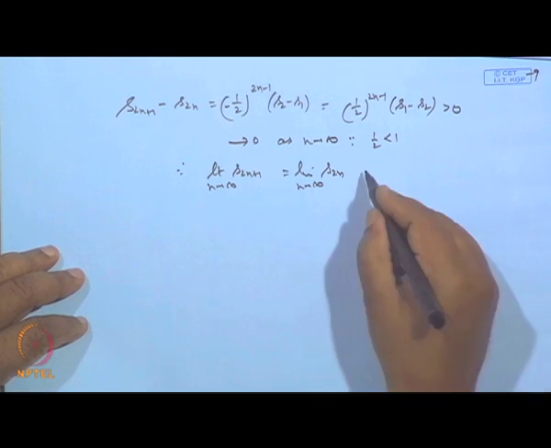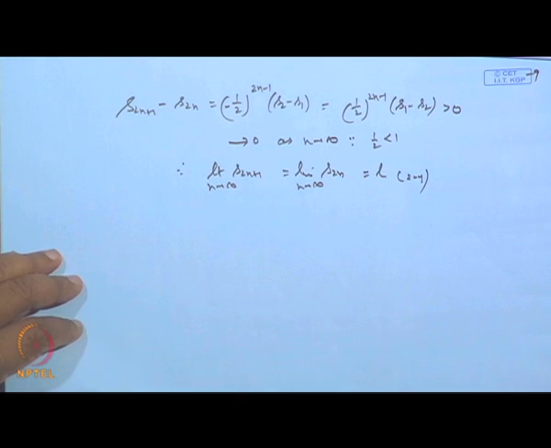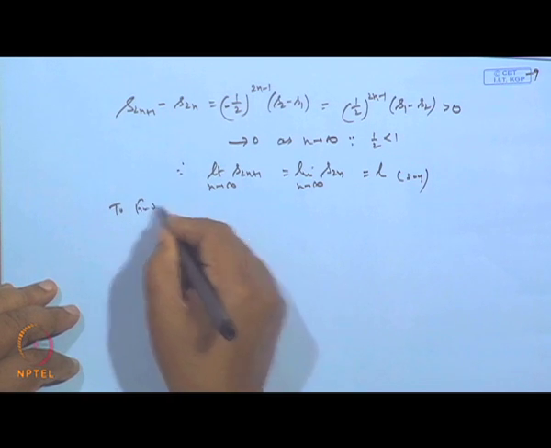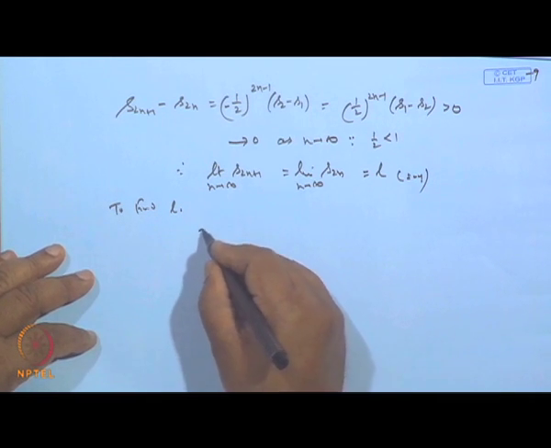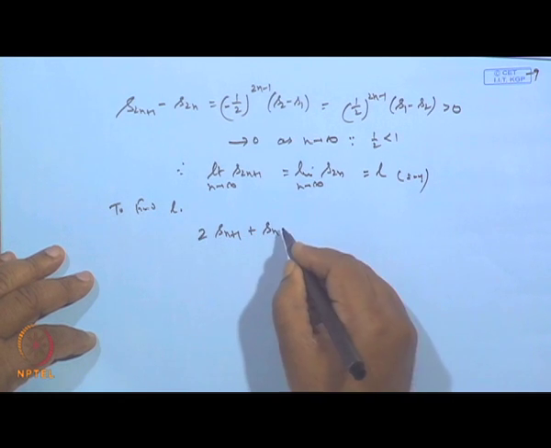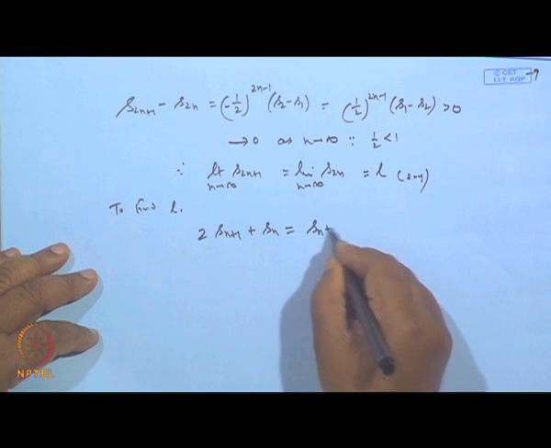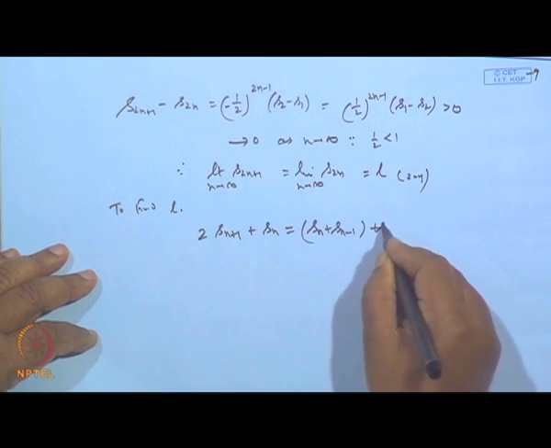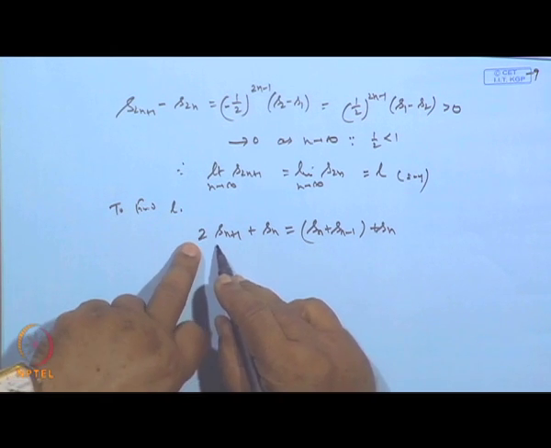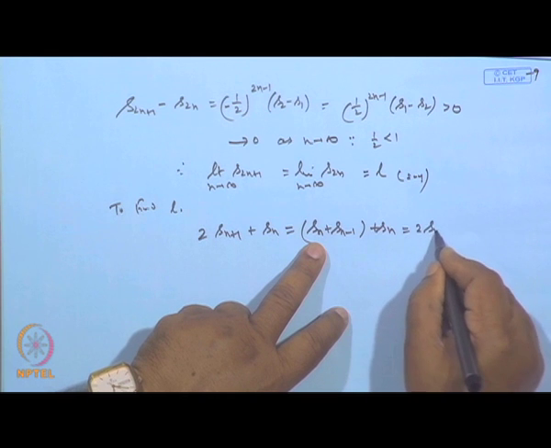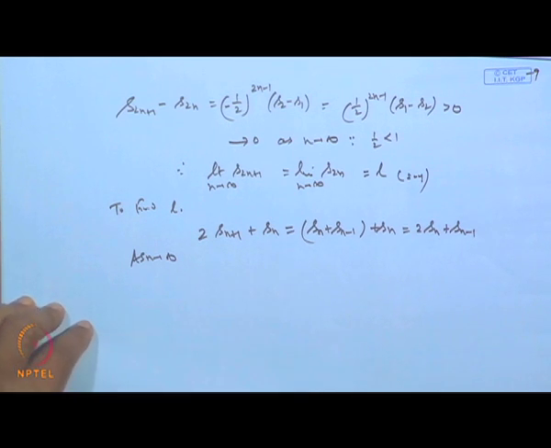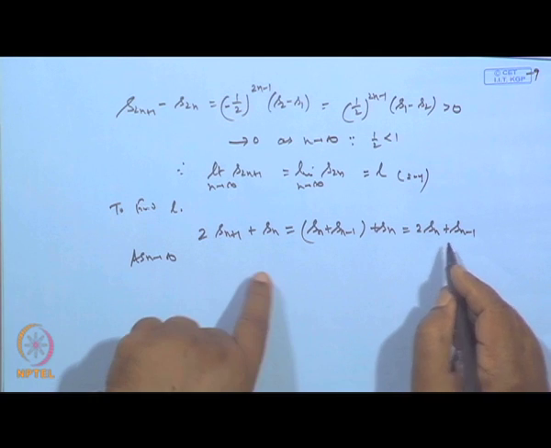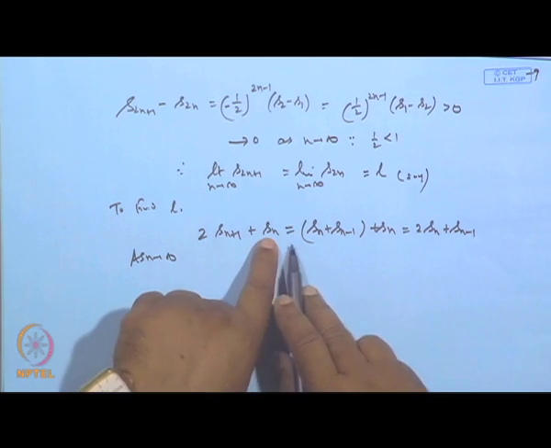So, both converge to the same limit, say L. Now, to find L, we consider twice S(n+1) plus S(n). Since S(n+1) is S(n) plus S(n-1) by 2, twice this is 2S(n) plus S(n-1).